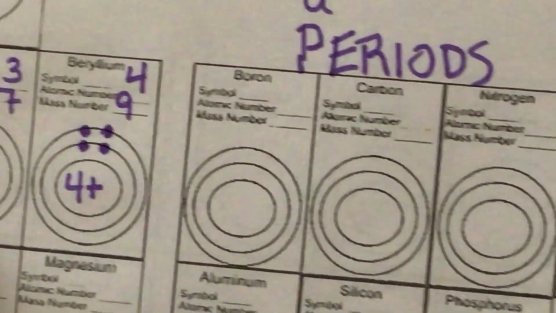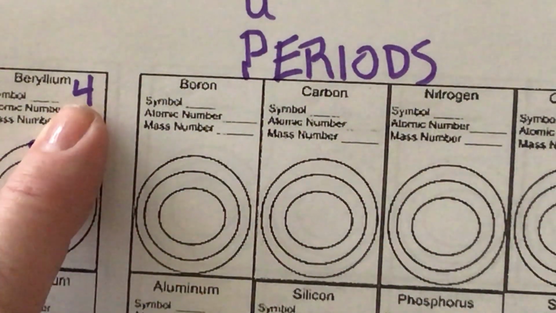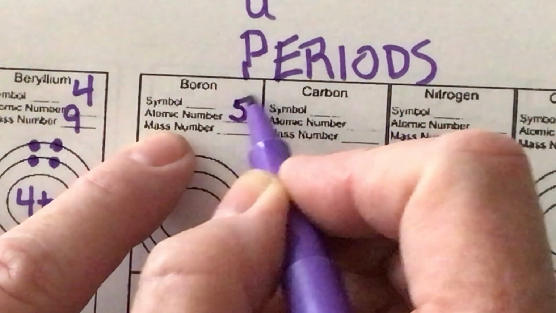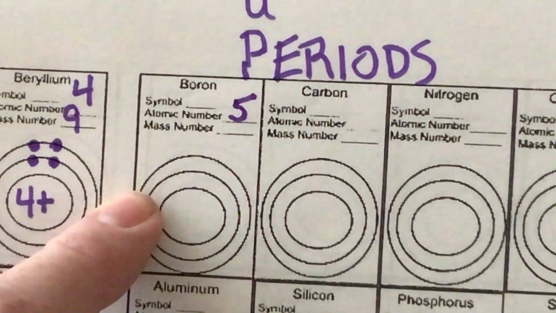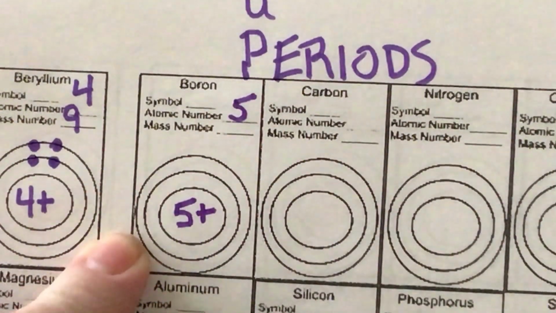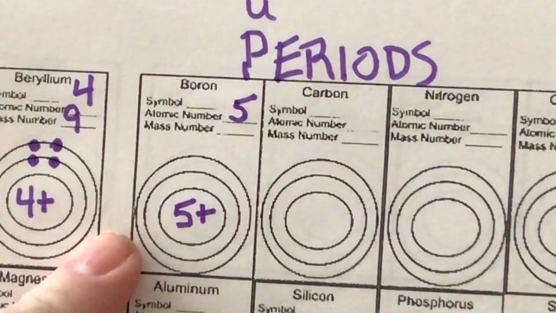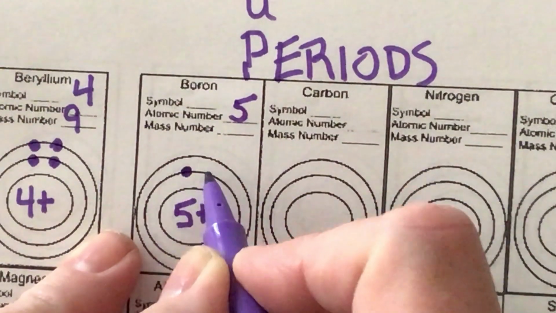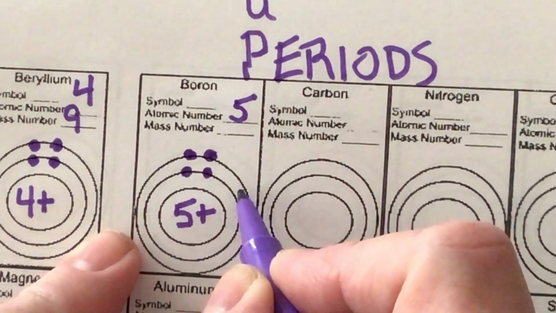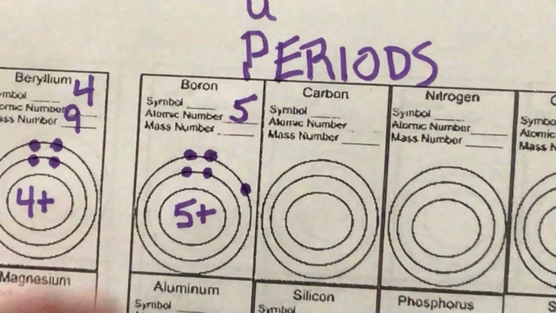Let's go over to boron. Boron is not 4. Boron is 5. So boron is going to have 5 protons. We're going to add another electron. It's going to have 1, 2, 3, 4, there's 5.